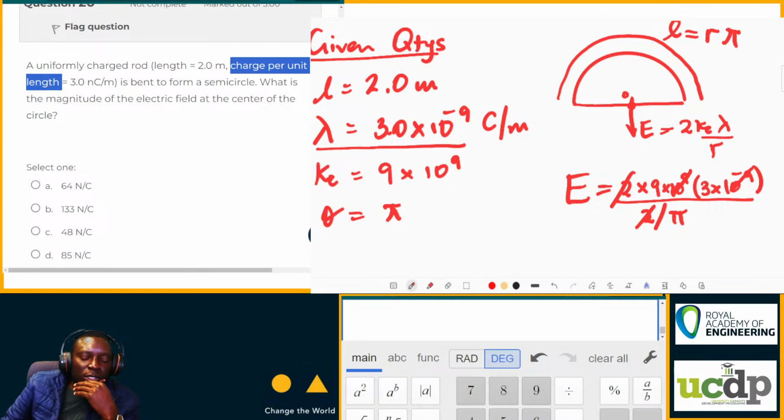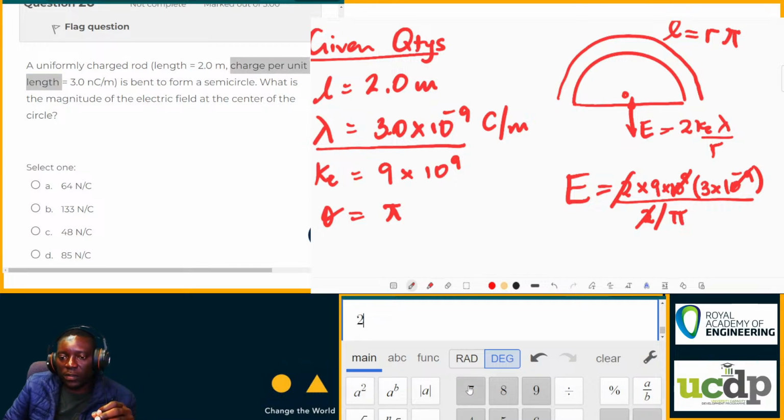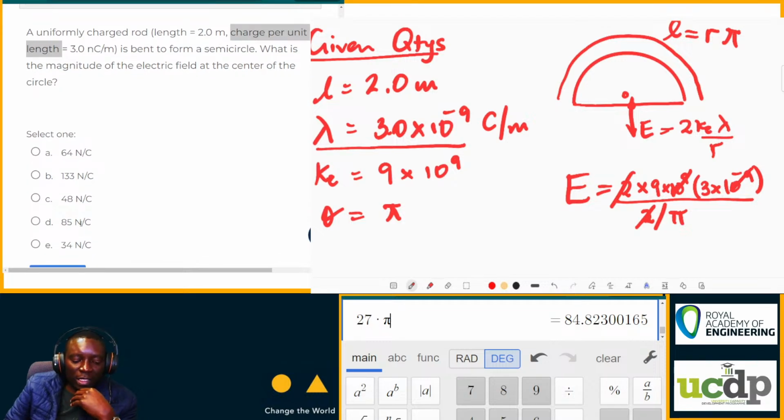Let me just cross check one more time, but I'm sure it's the 85. I just need to be sure we're on the same page. 27 multiplied by pi is 84.8. Perfect. Thank you so much for that nice answer. It's 85 and that's correct. So that's 85 newtons per coulomb.